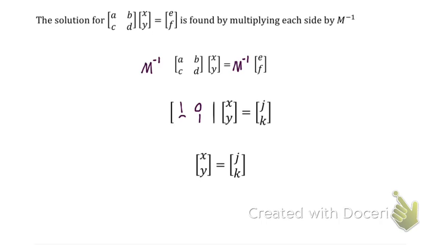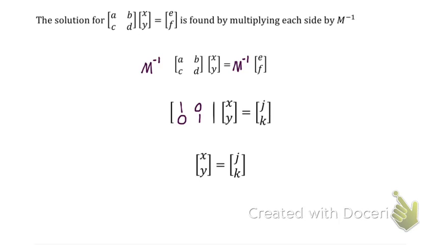That's not the identity. That's the identity. 1, 0, 0, 1. And if I multiply a matrix with numbers in it by another matrix with numbers in it, I'm just going to come up with 2 new numbers. So J and K are just 2 new numbers, and I'm left with 1, 0, 0, 1, x, y.